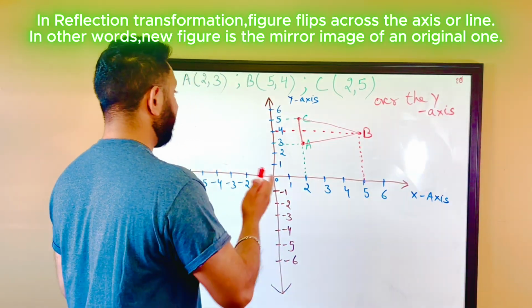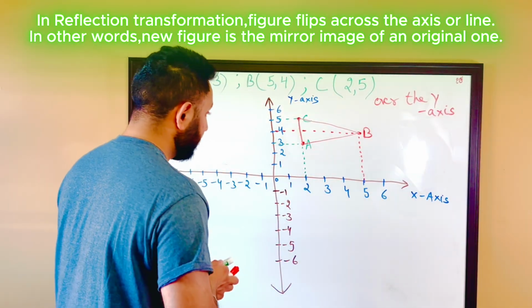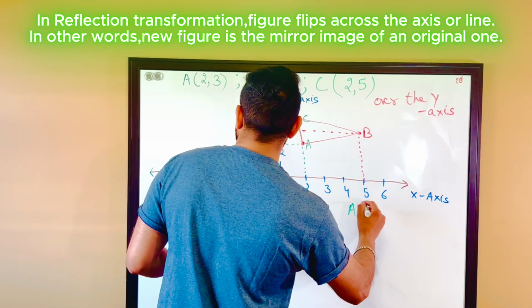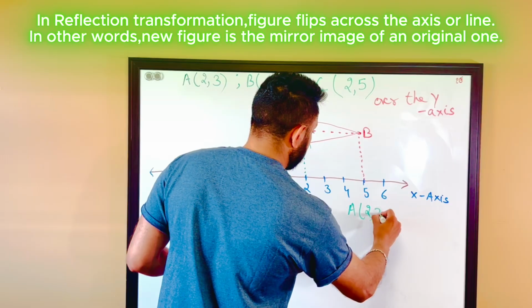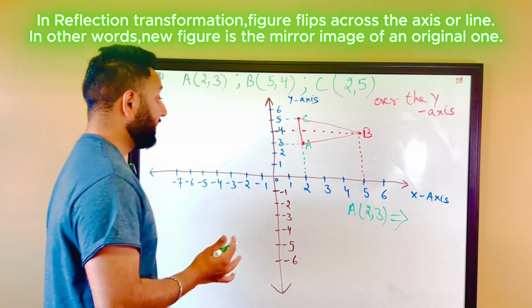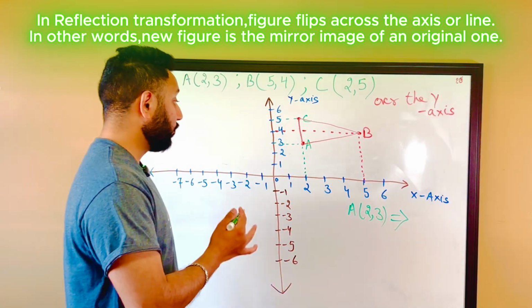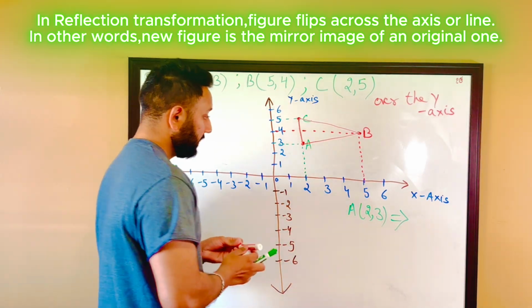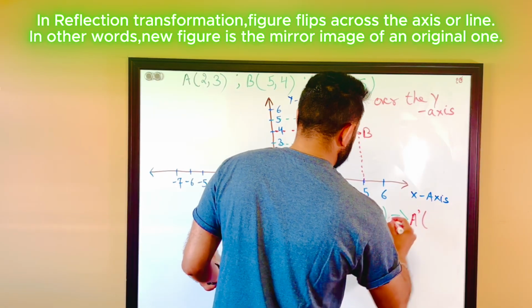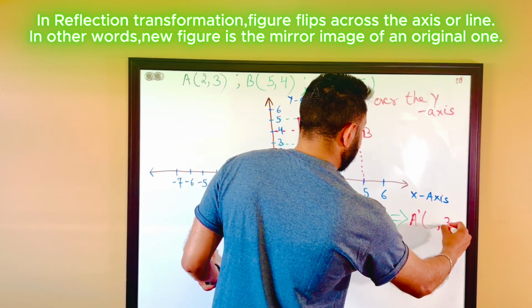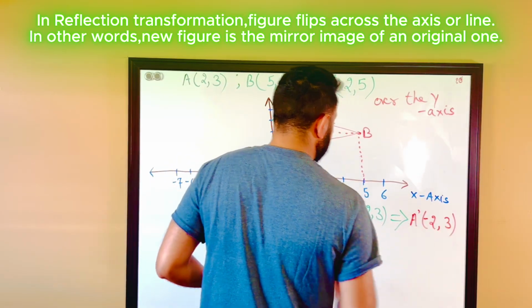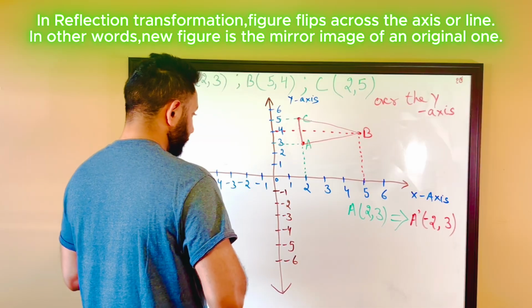Now we're gonna flip this figure ABC over the y-axis. And the rule for flipping the figure over the y-axis is, let's say this is 2, 3: the y coordinate will remain the same and the x coordinate will be negative. So our new A coordinate will have the same y coordinate and a negative x coordinate.